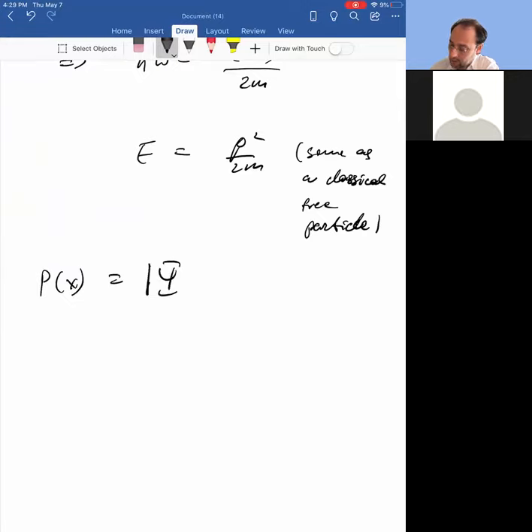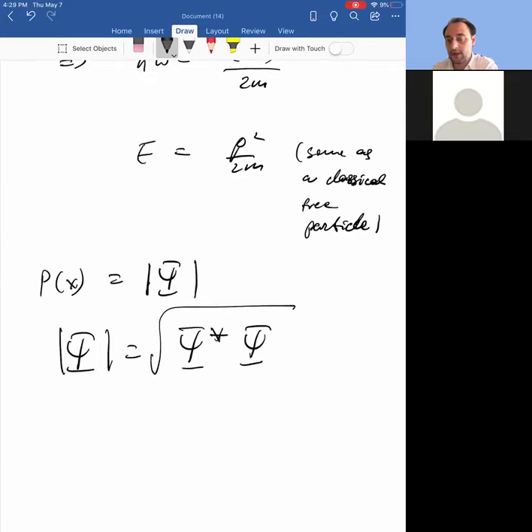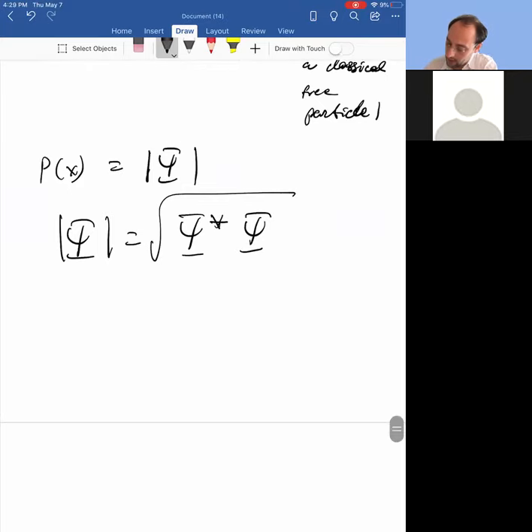Well, we discussed that yesterday. You take the wave function, you take its complex conjugate, and you multiply the two together.